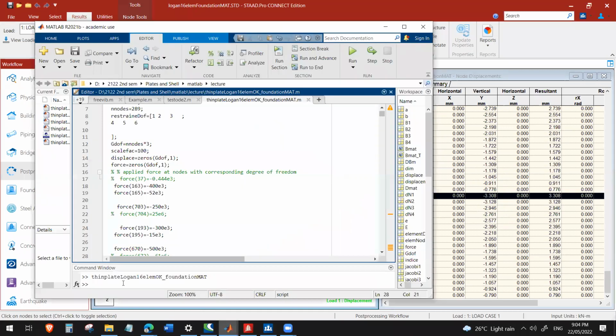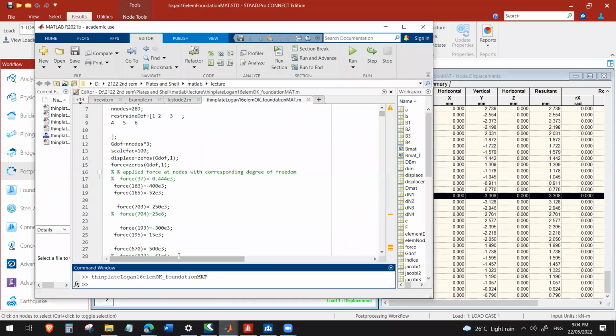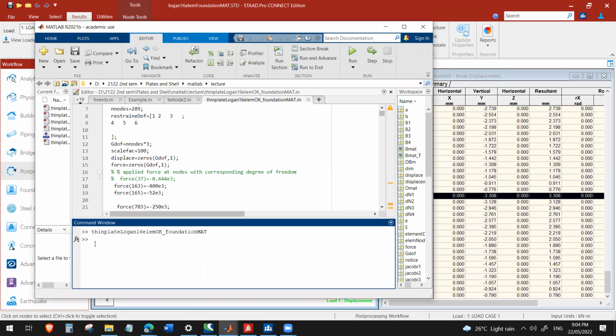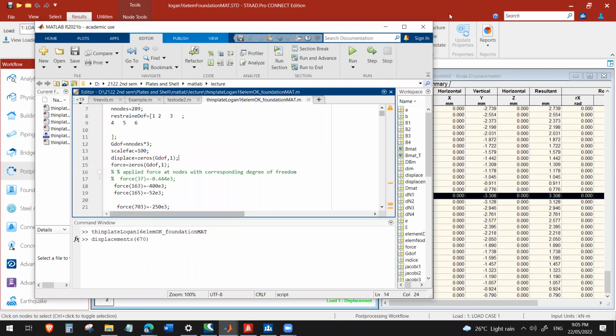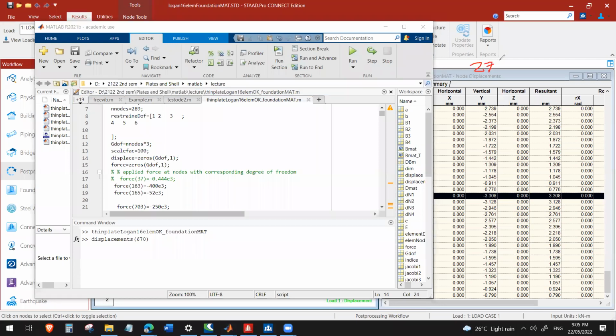So what's the DOF for 273? It's times 3 minus 2, which is 817. So let's check the vertical displacement at 817.